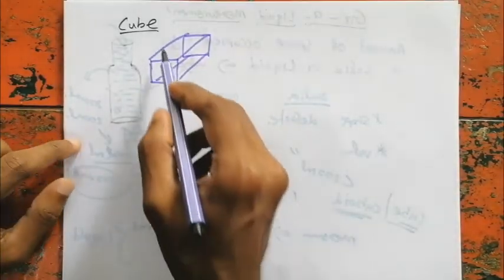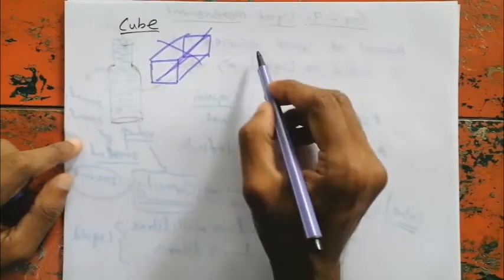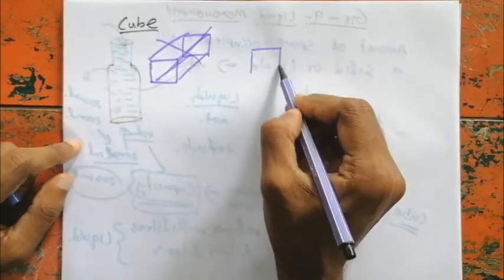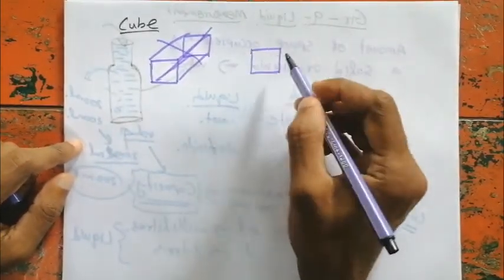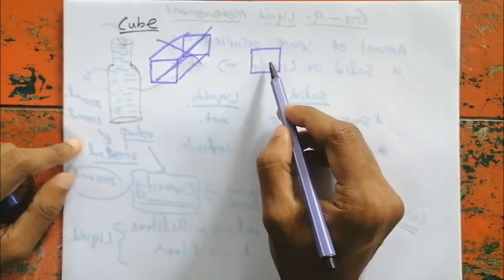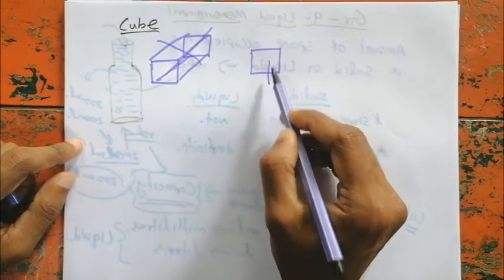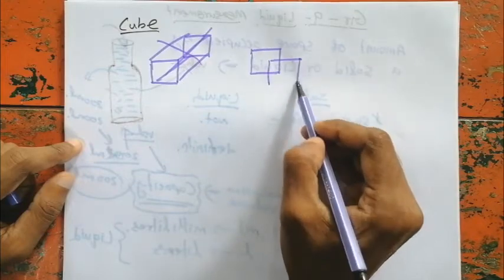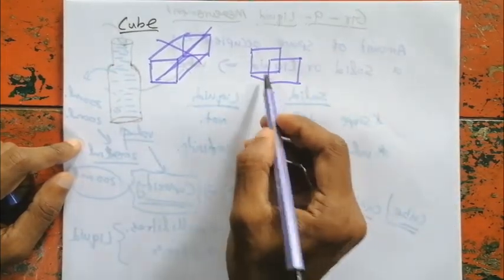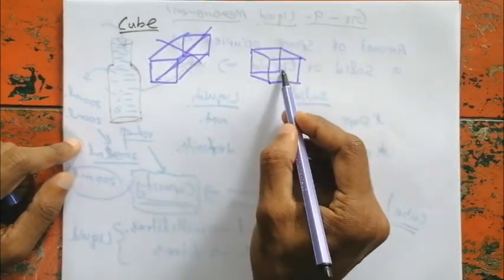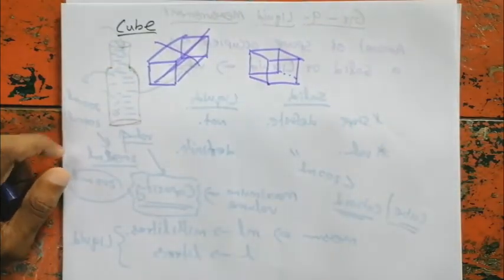It's a cuboid, it's not a cube. If you want to draw a cube, draw a square, and with a touch of this square, draw another square. So you will have a cube.